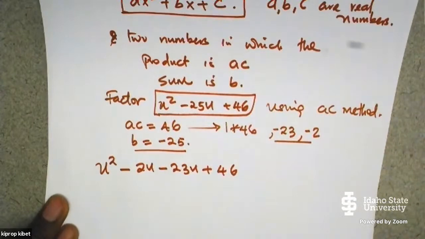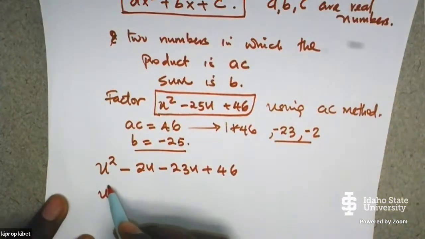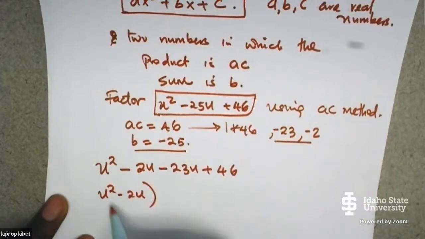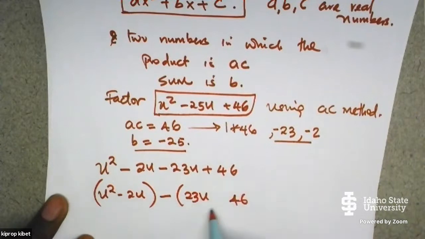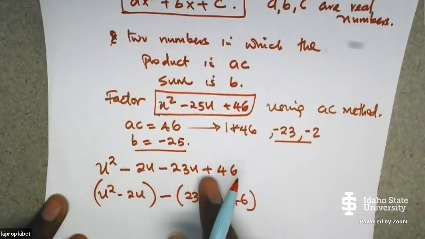Then now we can group. So u square minus 2u, we can group that one, and minus 23u plus 46. What do we put here if we are grouping? This is minus, and this one is plus.